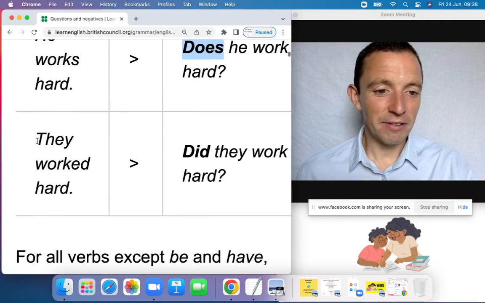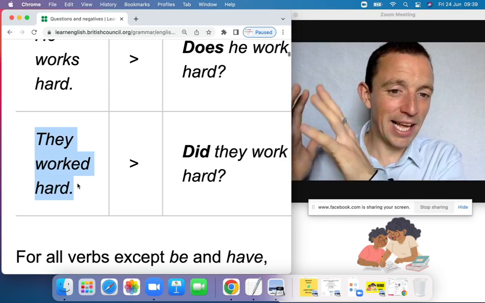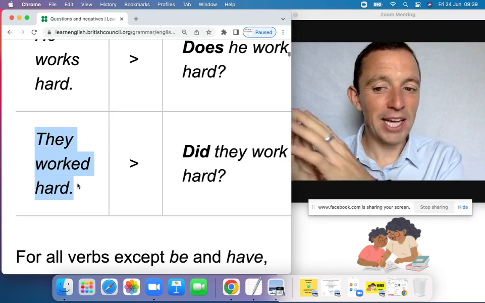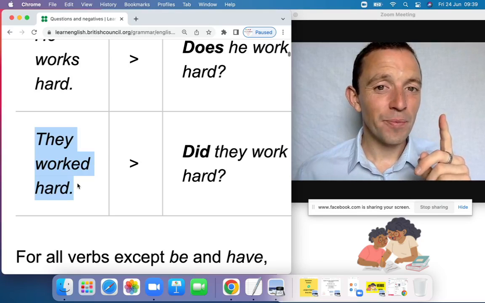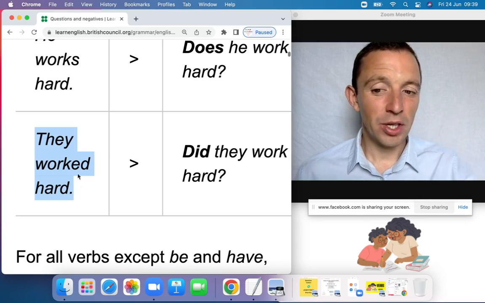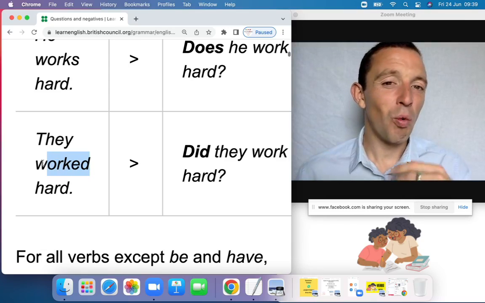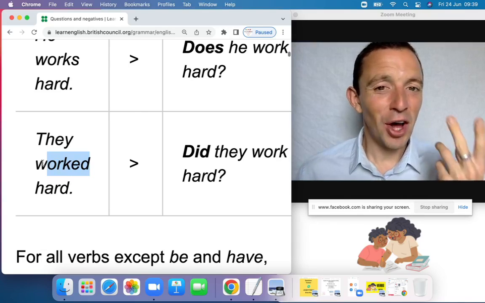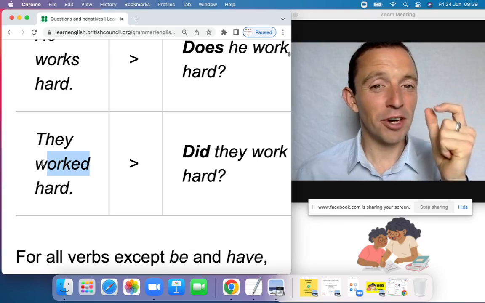Next, affirmative. They worked hard. Again, the people, they, the verb work in the past, worked, and hard is the adverb. Normally, to create the question, we put the verb before the subject. Worked they hard? No, because it's not the verb to be and not the verb to have.